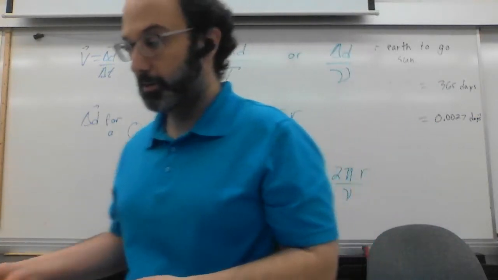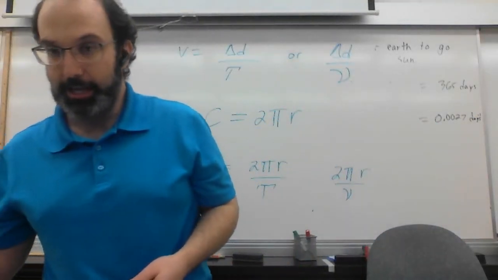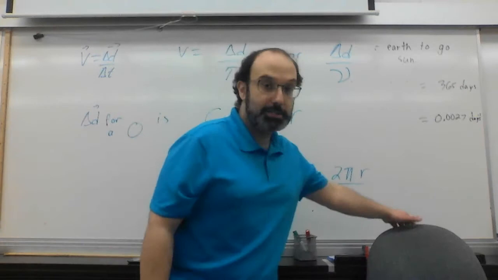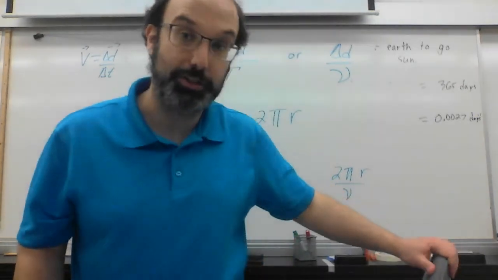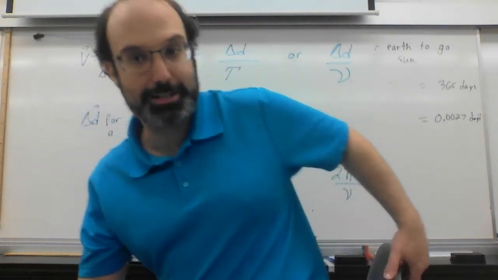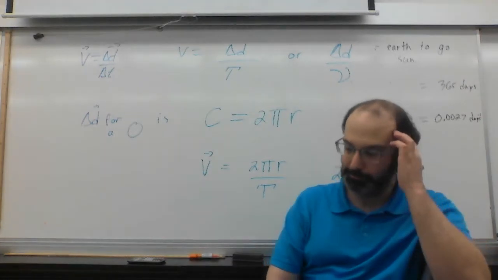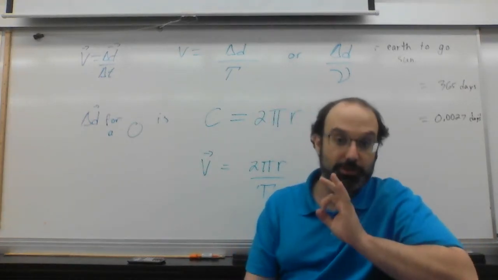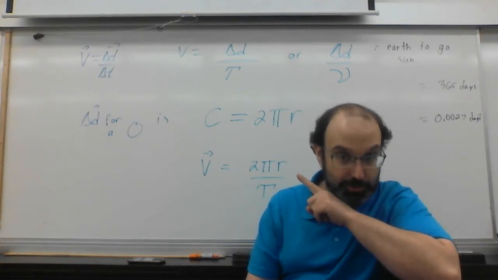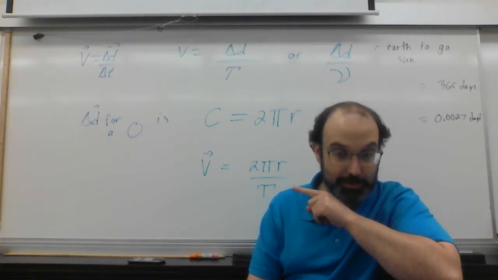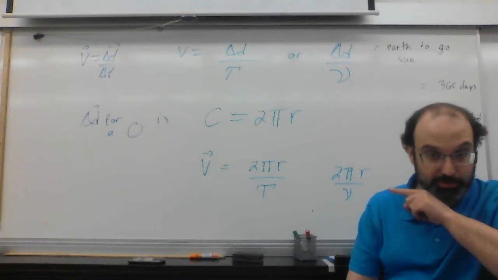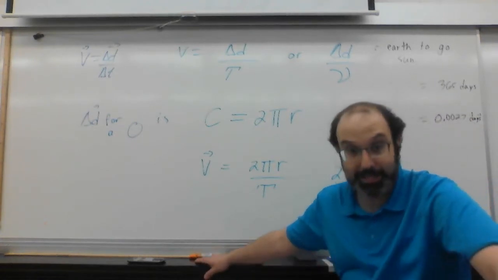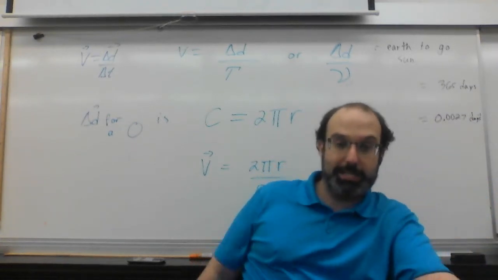It's either period or it is frequency. And that's it. Just because it's a circle doesn't change what velocity is. Velocity remains identical. It's still the displacement divided by the time. But for a circle, the displacement is, of course, circumference. And the time is going to be period or frequency. And that's it. That's the whole idea.